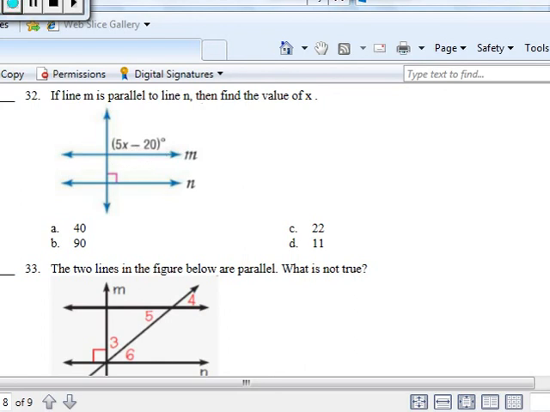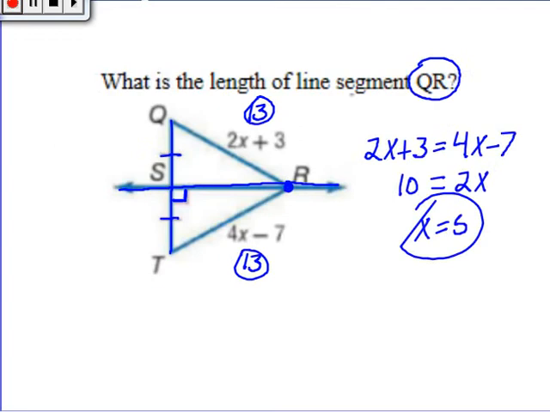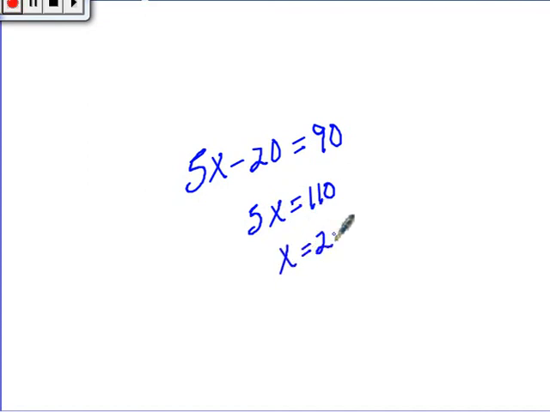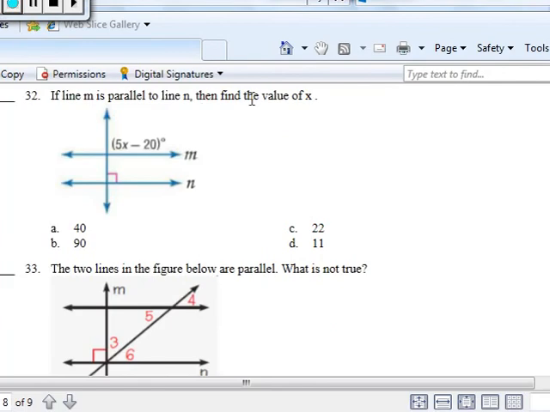Move the 20 over, 5x would have to be 110. Divide by 5, you get x is 22. But always make sure what I'm asking you: find the value of x. Okay, we're safe. C, 22.